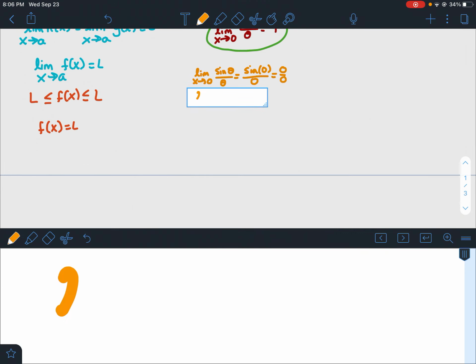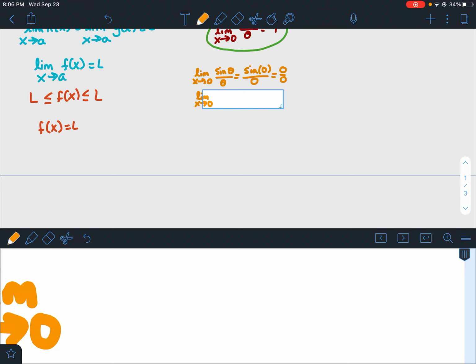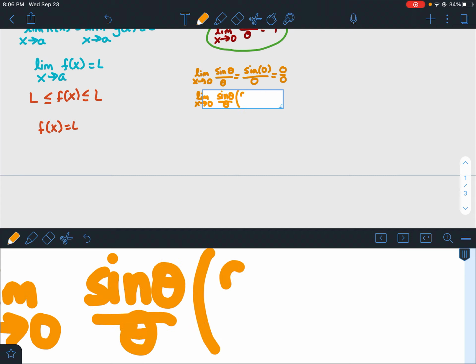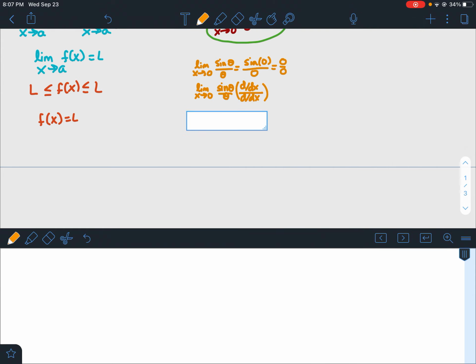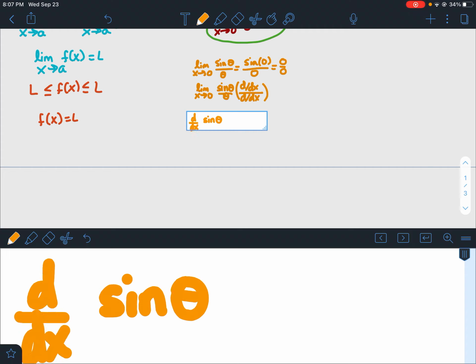So if you know derivatives, you can take the derivative of top and bottom, d over dx over d over dx. You're doing the derivative of the sine of theta, which is equal to what?